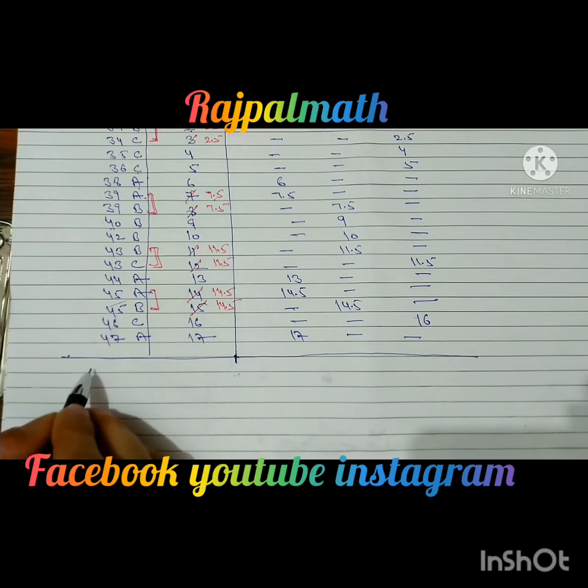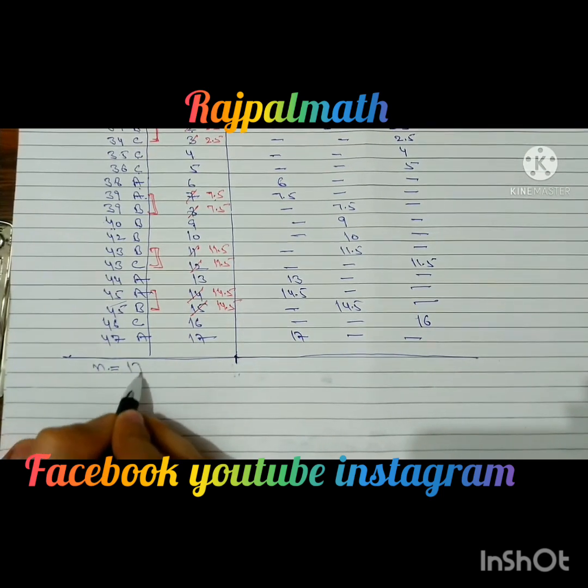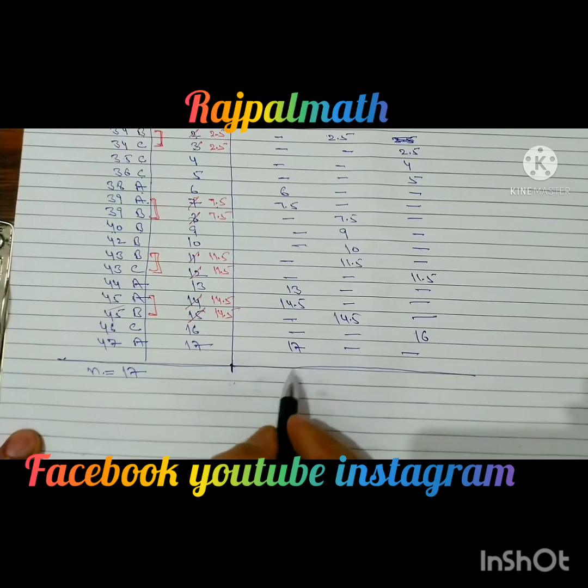Here the sum total of all the groups is n equals 17.